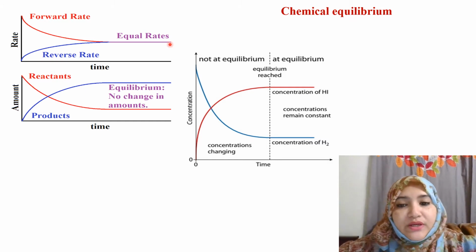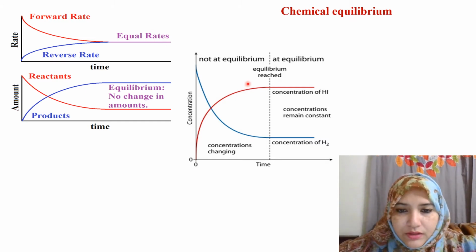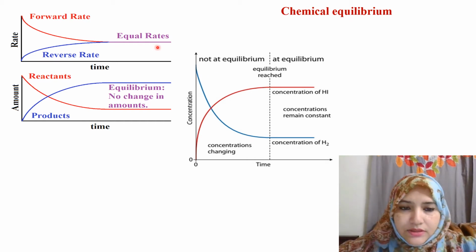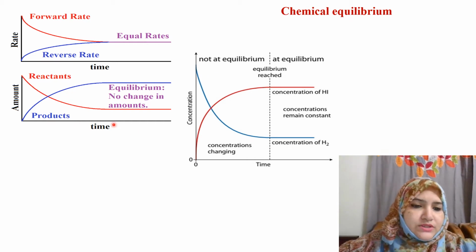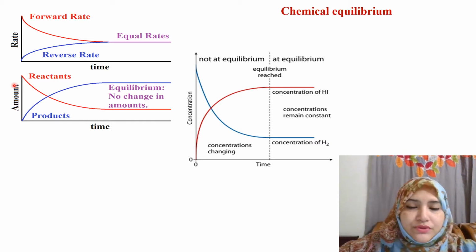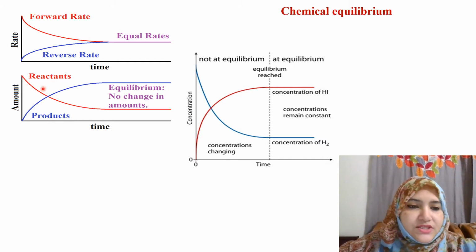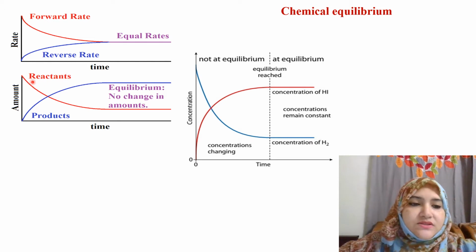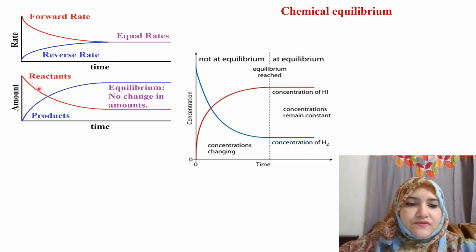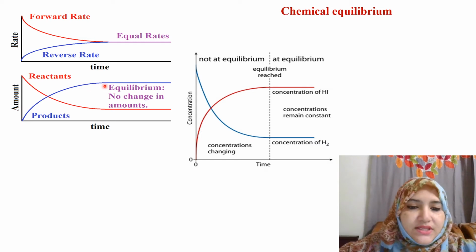We can also observe from this graph, which shows time versus concentration. The red curve, the reactants' concentration, is high at the very initial point of the reaction when time is 0, and then gradually the concentration of the reactants decreases and the concentration of products increases.